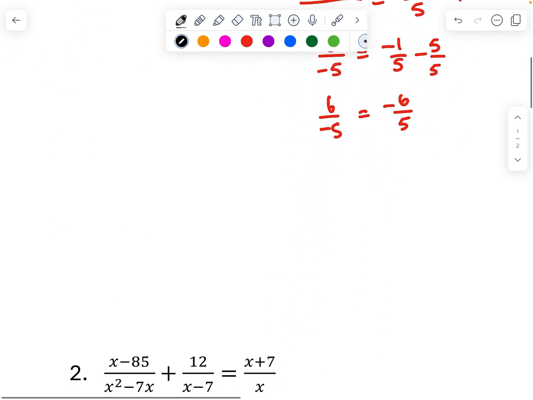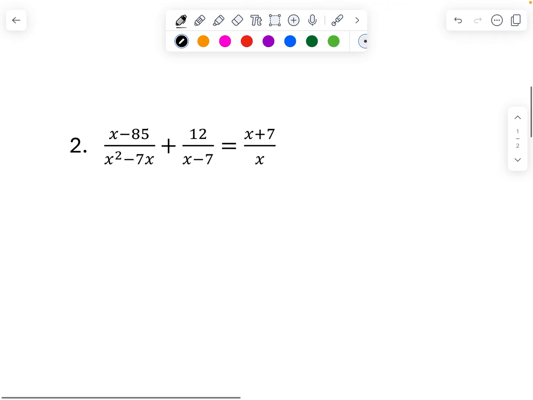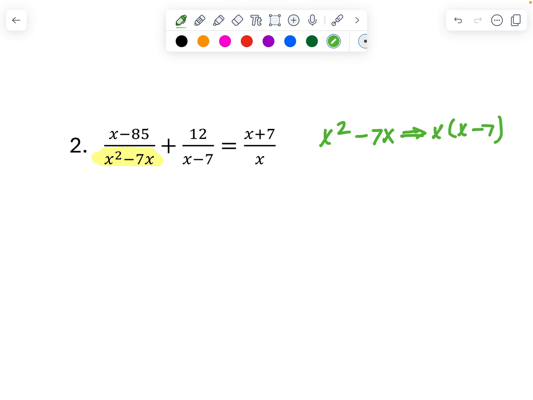Okay, let's try the next one. First thing I want to notice is that this could be rewritten. Maybe I should write it this way. Maybe I should say that x squared minus 7x is the same thing as x times x minus 7. Everybody agree?